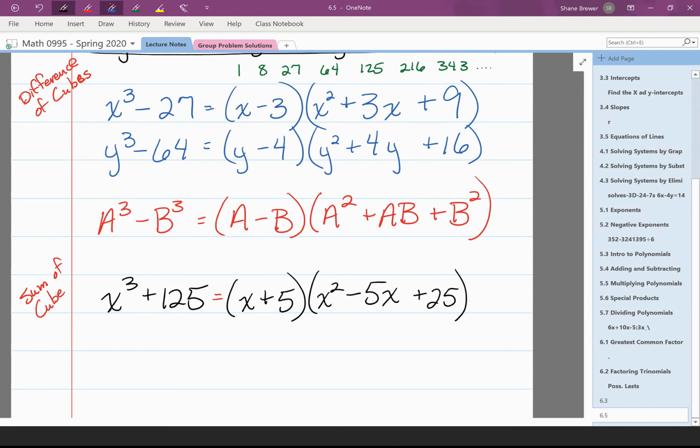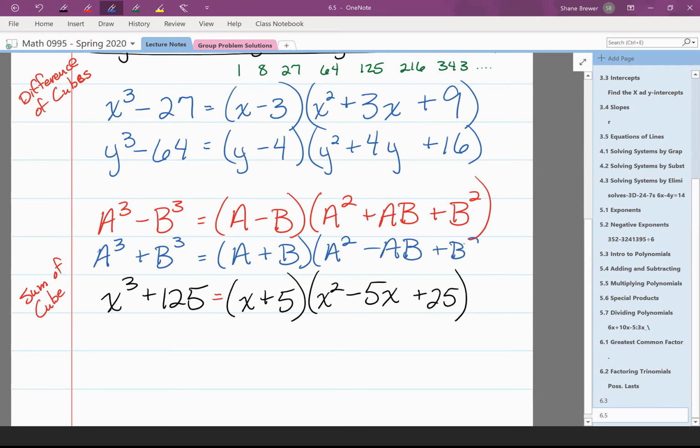In fact, let me write that. Here's the sum of cubes. A plus B, A squared minus AB plus B squared. So you see that they're the same, except the signs here and here are different.